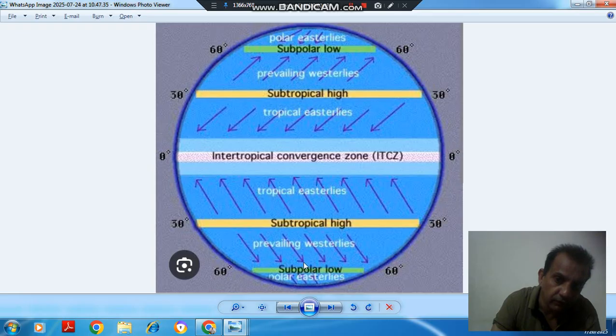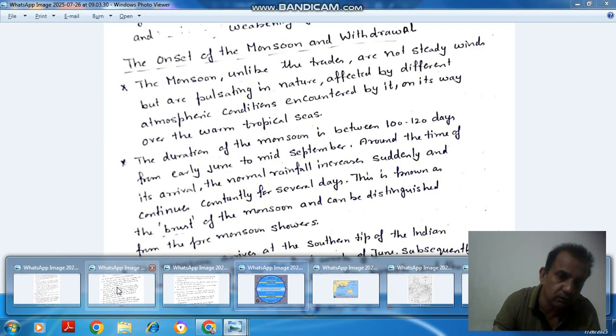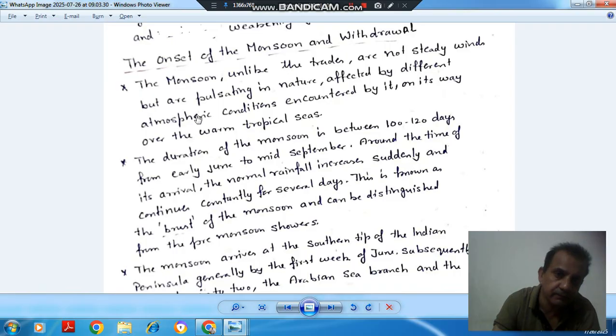These are westerly winds in the southern hemisphere and northern hemisphere. These are the polar trees. Okay, so these are the fixed winds, and there is not much change in these types of winds. But monsoonal winds are not steady winds like them. They are affected by the atmospheric conditions, and as they flow over the sea, they are encountered by it.